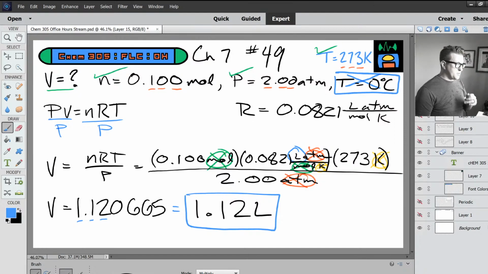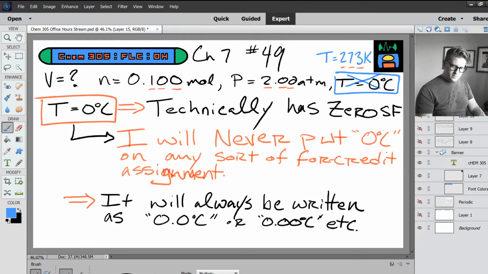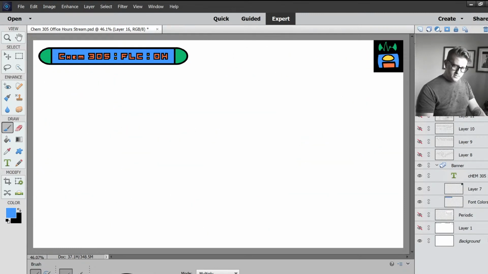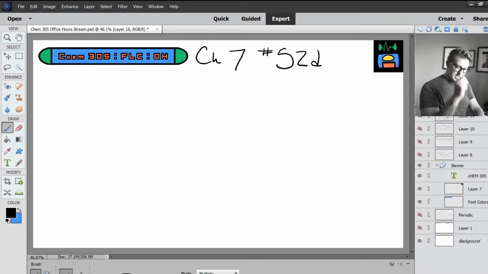Let's see, where are we? Okay, 52D, and then we'll jump over to do some Lab 8 stuff. So this is Chapter 7, number 52D. Okay, 52D, determine the following for a 0.500 mole sample of carbon monoxide gas.